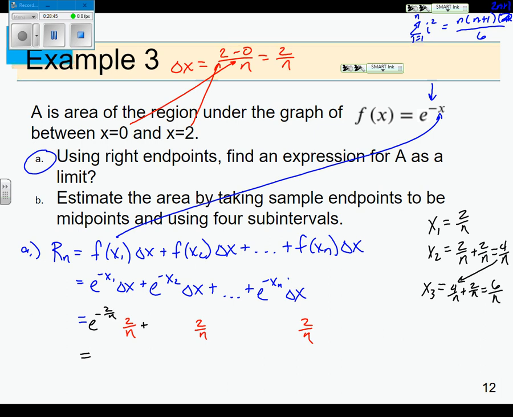That'd be 6 over n. You can kind of see a pattern going with this. Like my x sub n, I'm just taking whatever my subscript is, I'm just going to call it i, and multiplying it by 2, and then throwing it over n. And so that would actually be my x sub i interval.